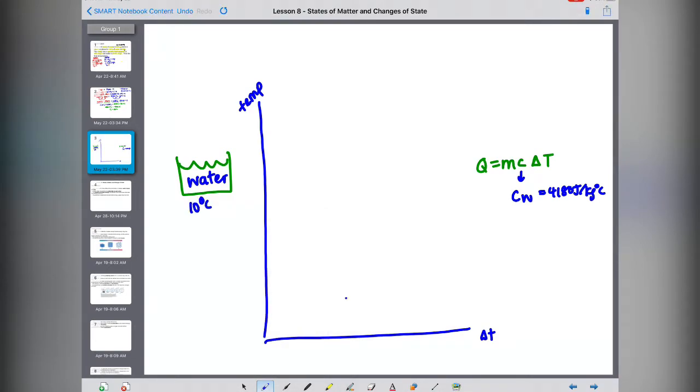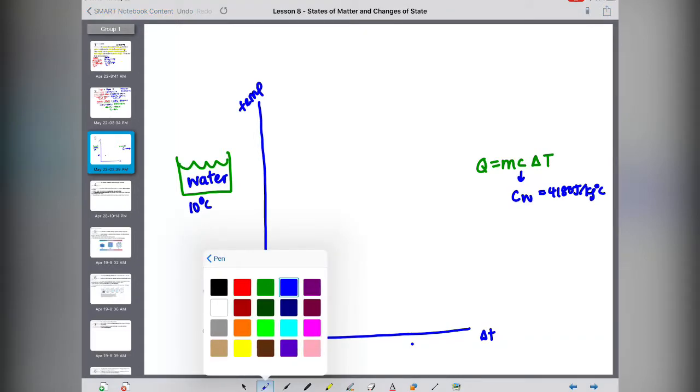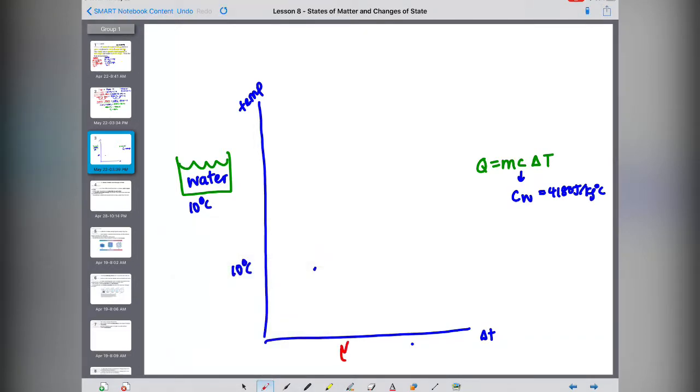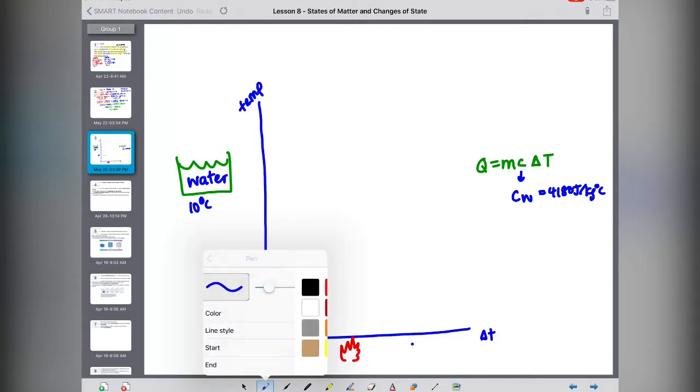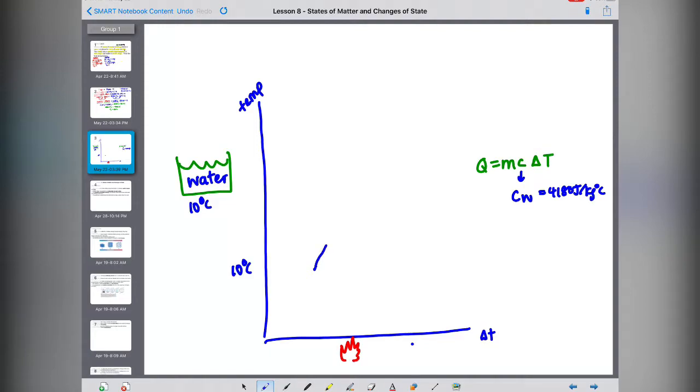As I put in the heat, as I am burning this, my temperature is going to go up based on the equation, right? The more heat I put in, the more change in temperature.